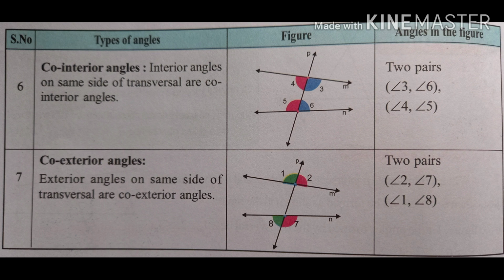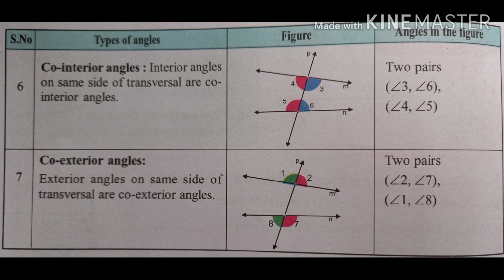See children, angle 4 and angle 5 lie on the same side of the transversal, in the interior. Again, angle 3 and angle 6 also lie inside the lines M and N. These are also on the same side of the transversal. So, these are called interior angles on the same side of the transversal.